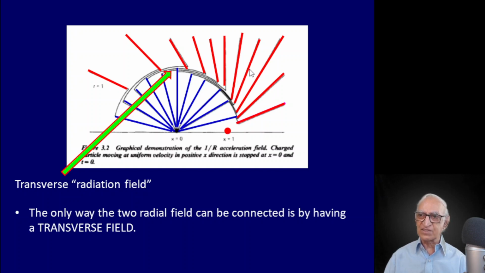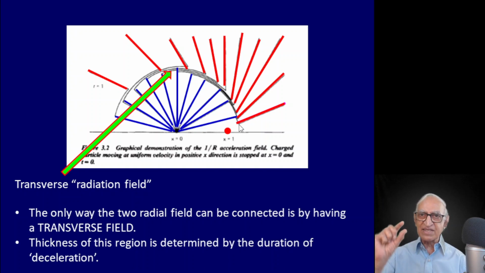The only way these red lines and the blue lines can be matched is by having a transverse electric field along the circumference of this semicircle. The thickness of the transverse electric field will be determined by the duration of the acceleration. Please refer to Feynman lectures for a brilliant discussion of this point.